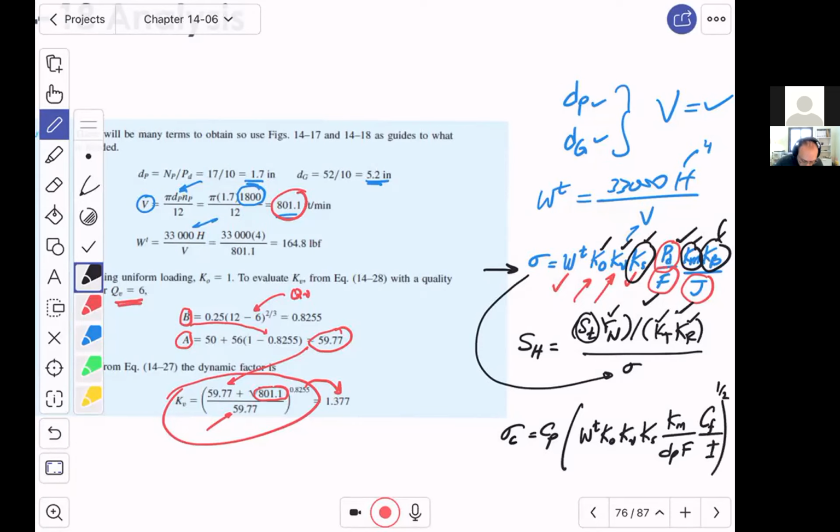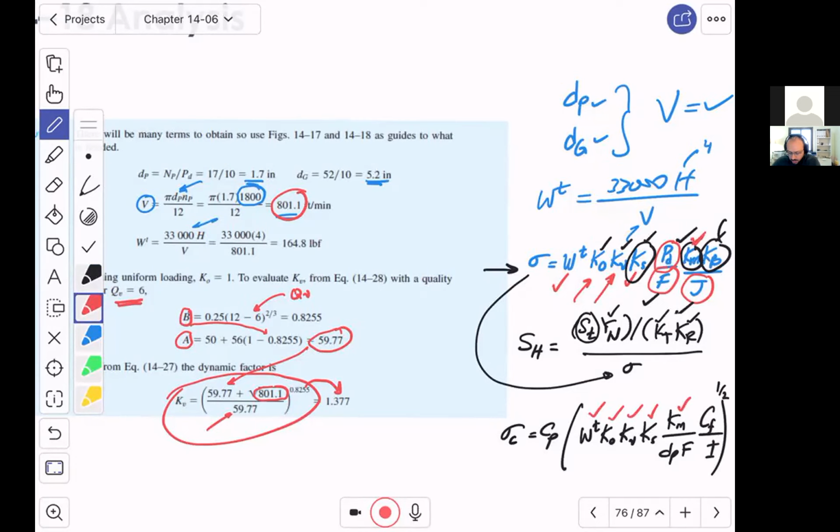Now, if you look carefully, WT, I know it, it's the same. KO, I know it. KV, I know it. If I know KS from the bending equation, I will use the same KS for the wear equation. And then if I calculate KM from here, I will use it also there.